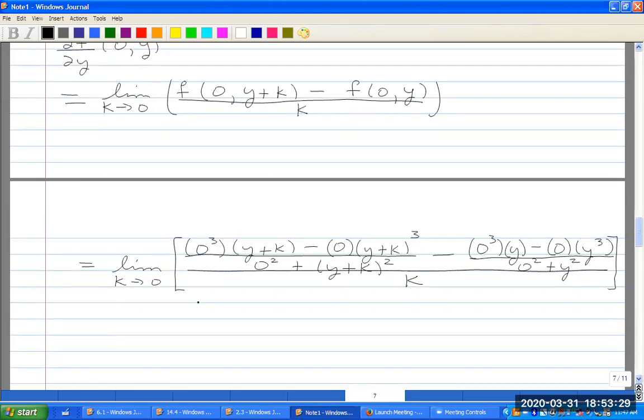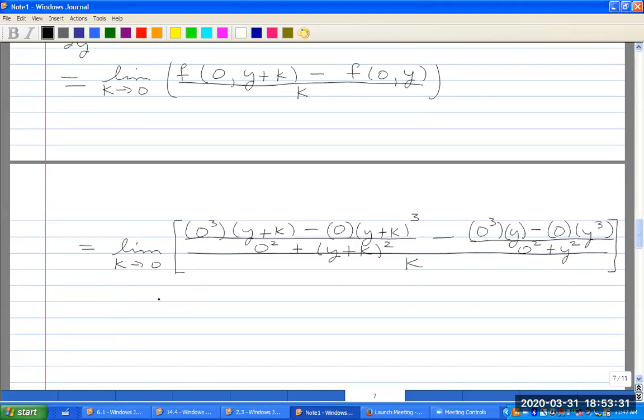So this is equal to, well, the first term is 0. The second term is 0. And this is assuming that y is not 0, but if y is 0, then f of 0, 0 is 0 also. So this is still 0 over k.